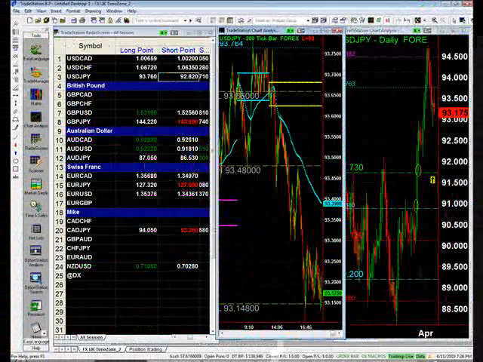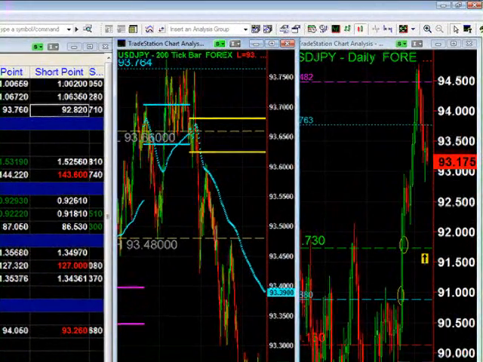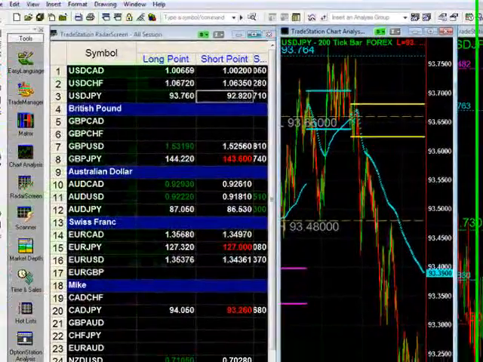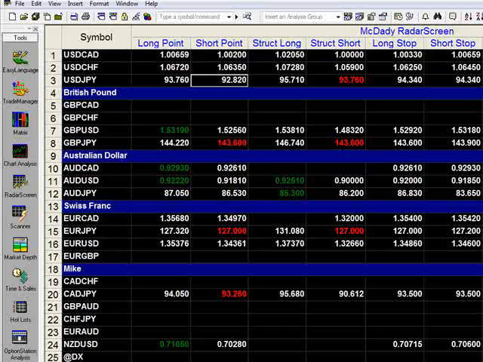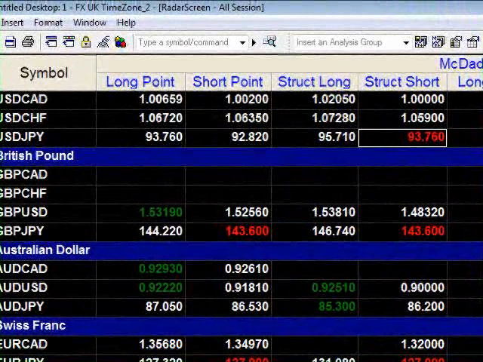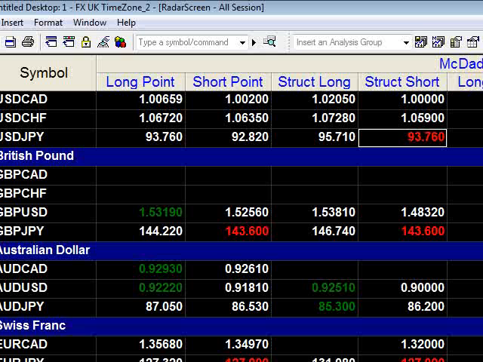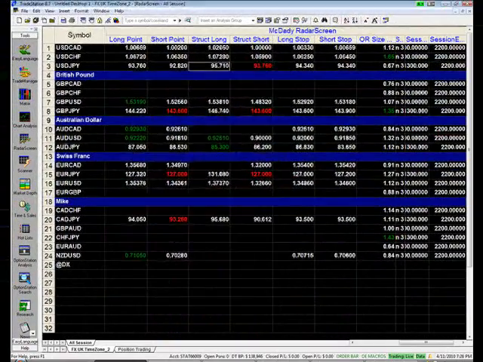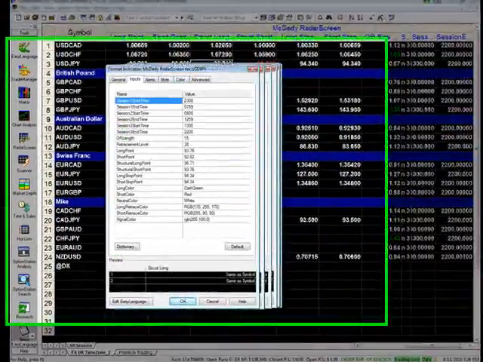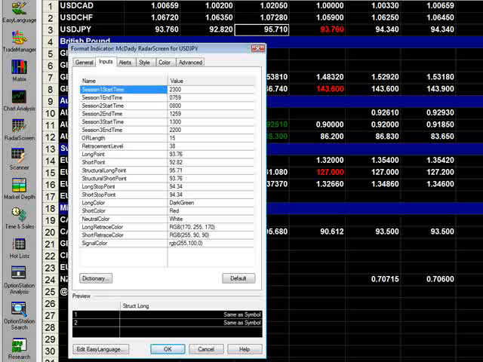Okay, our structure points remain the same. Let's see what structure points we have. The 93.76, that is again our structure. In this case, we are trading below 93.76, so our structural points now are going to change roles.